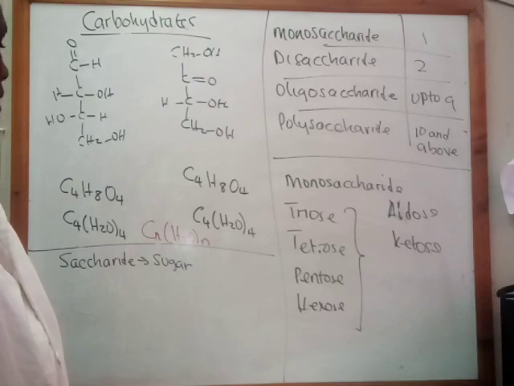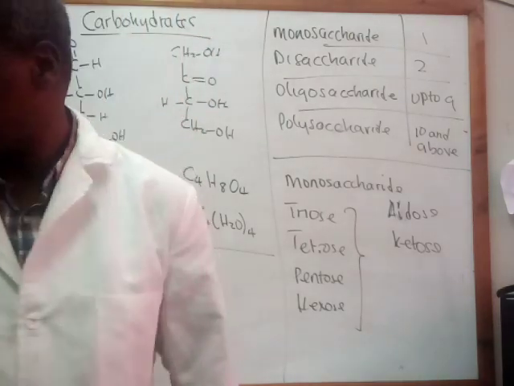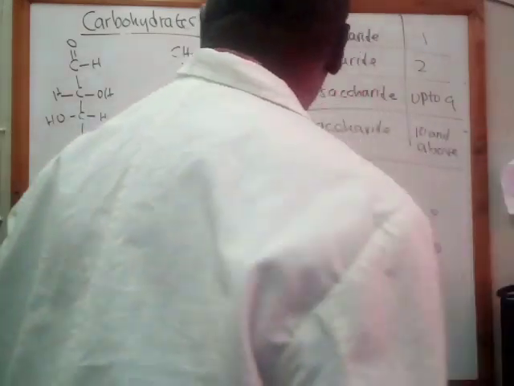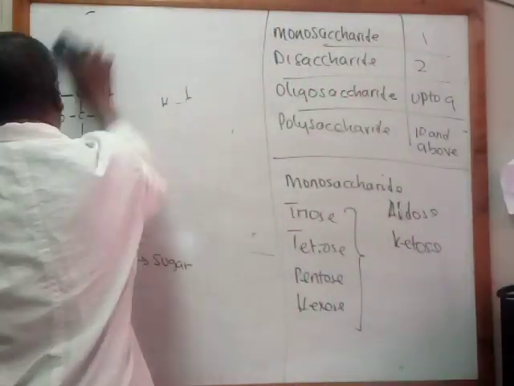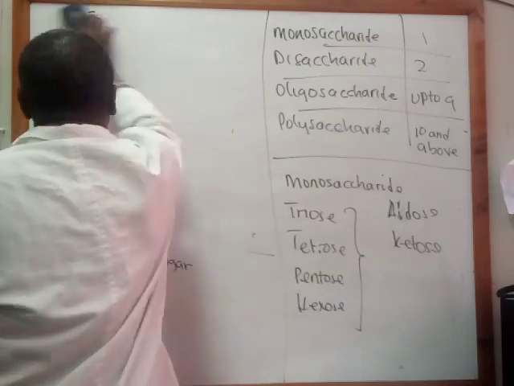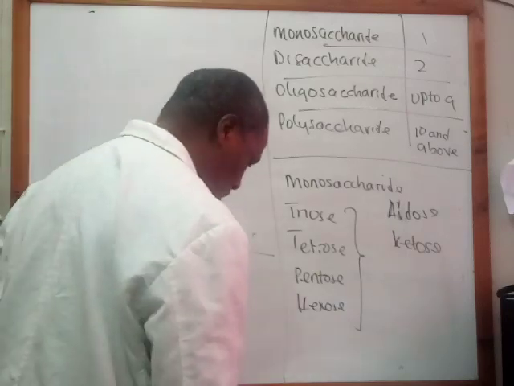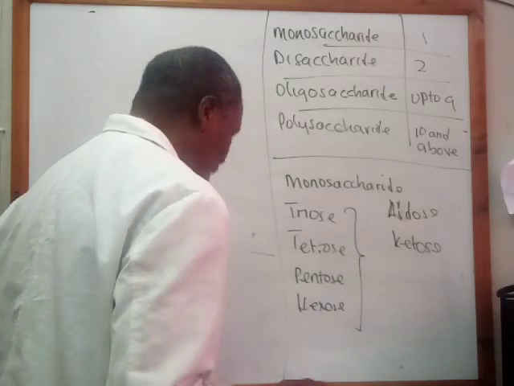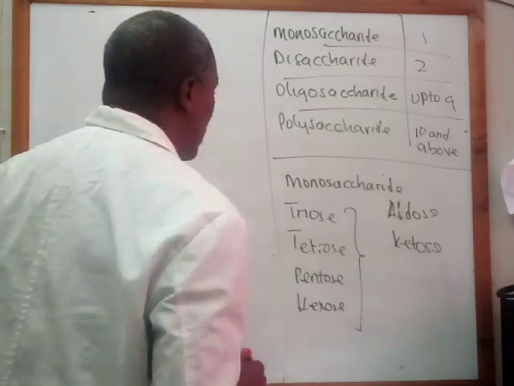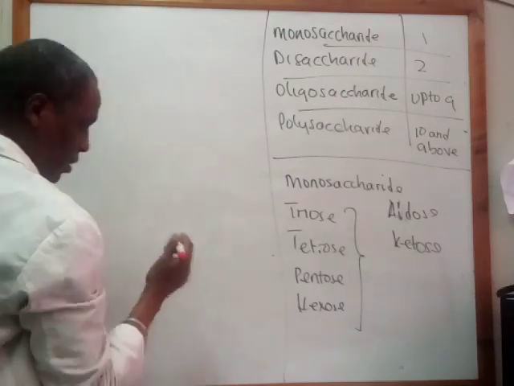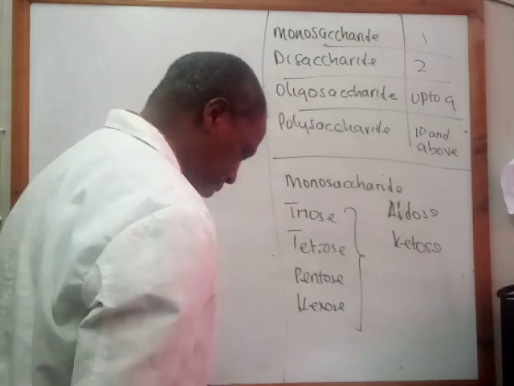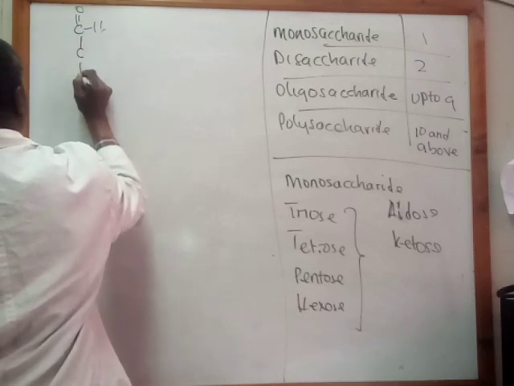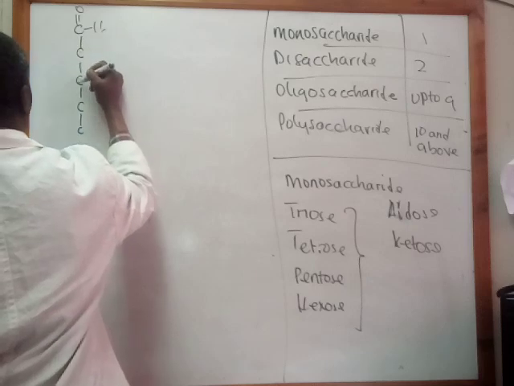Now I think I'm going to delete what we have on the board, and then we proceed to the next. There are 2 major monosaccharides, one an aldose and the other a ketose, that are well known. So I'm going to put 1, 2, 3, 4, 5.